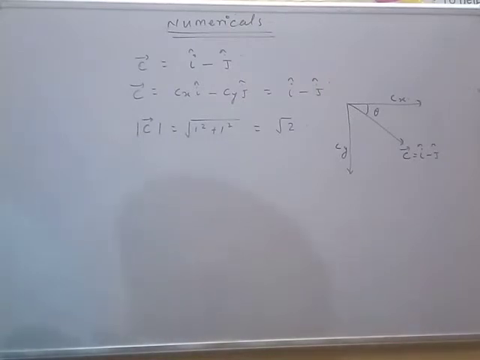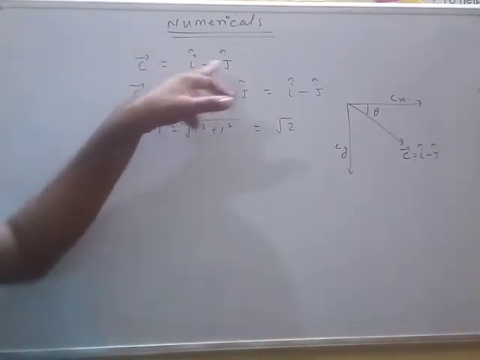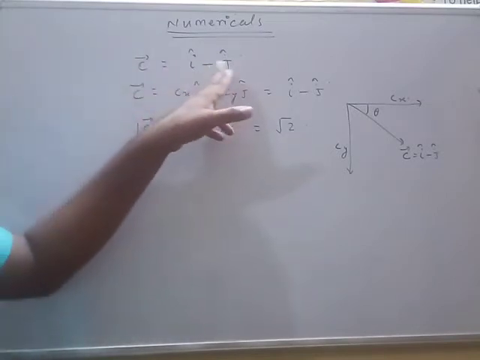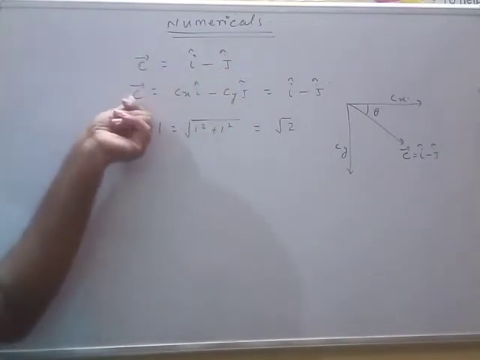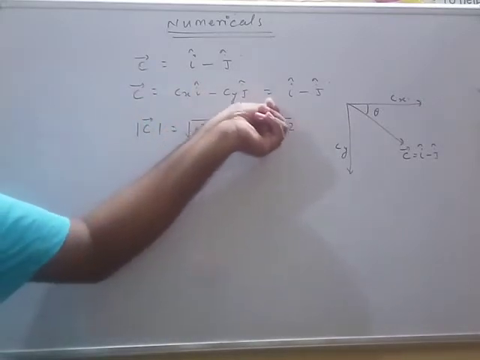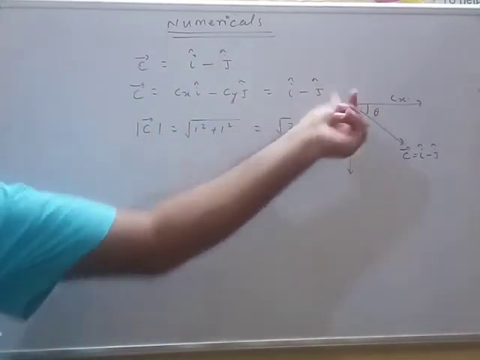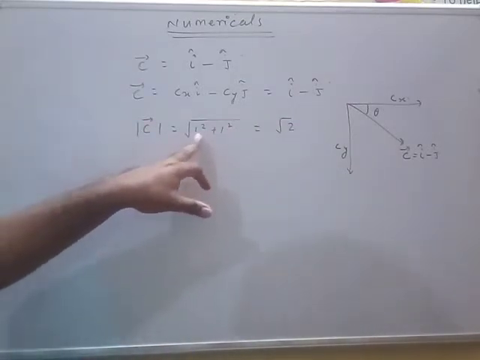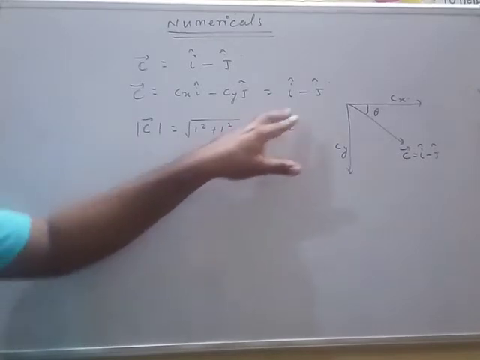Now let i minus j be represented by a vector C. Here we may write it in the form of vector C equal to cx i minus cy j equal to i minus j. Now the magnitude of vector C will be equal to under root 1 square plus 1 square.